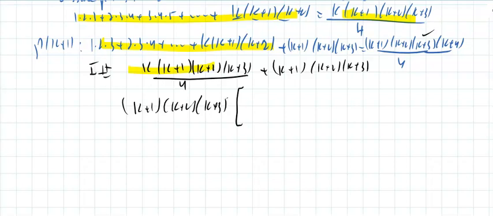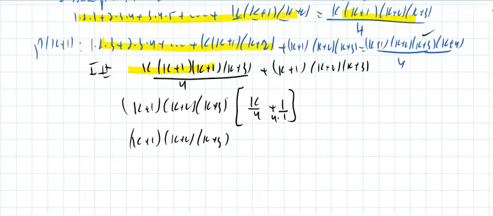And you'll notice if you do that, what's left on the left hand side is k over 4, and on the right hand side is a 1. That is k plus 1 times k plus 2 times k plus 3, and here this is over 1. So to really get a common denominator, you multiply by 4 top and bottom, and that will be k plus 4 over 4, which is exactly what we want.